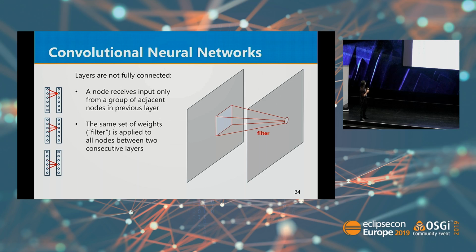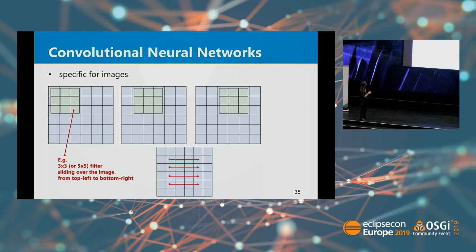And another important point is that these connection values are the same here, here, here. Since convolutional neural networks are usually used for images, we often see these layers in 2 dimensions. So this can be seen as filters because they are applied over the whole layer.